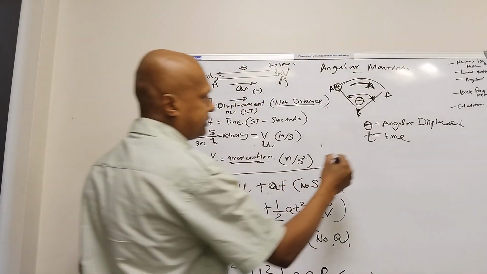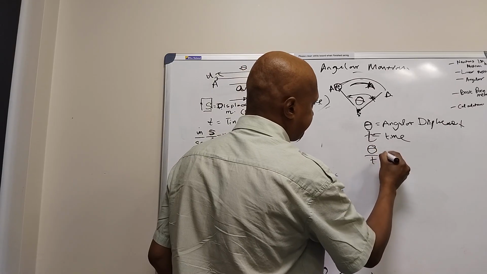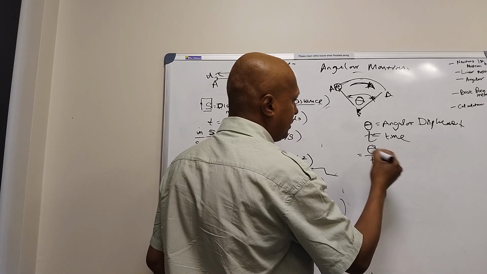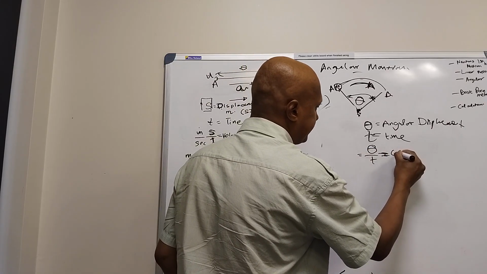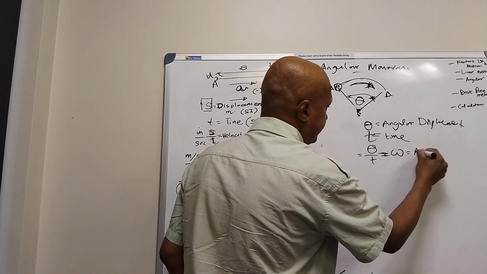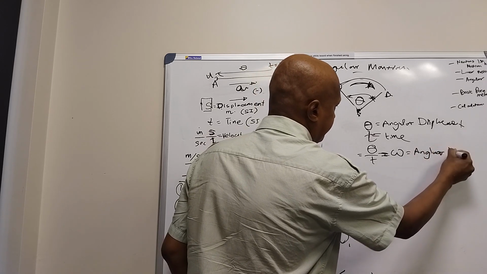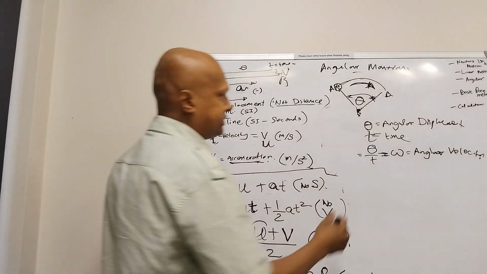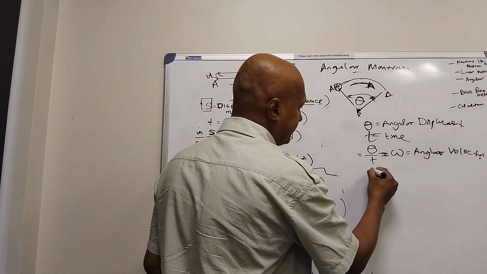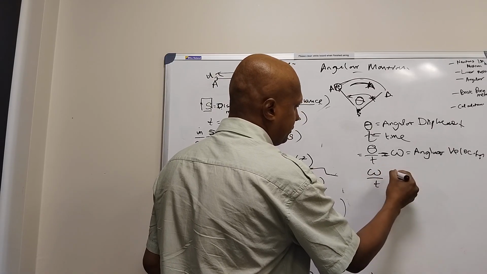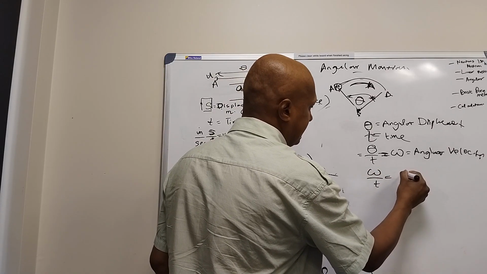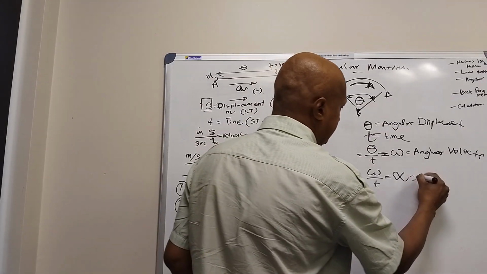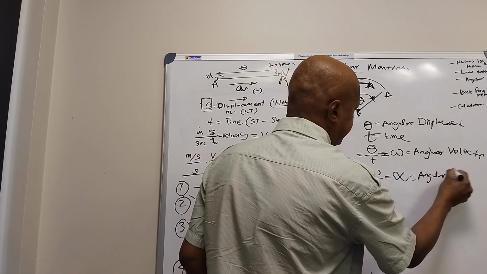And then if you divide theta by t, it will be angular velocity, which is omega. And if you divide omega by t again, angular velocity by t again, it becomes alpha, which is angular acceleration.